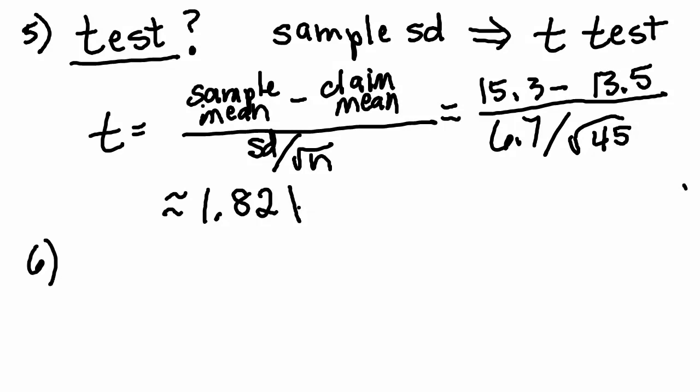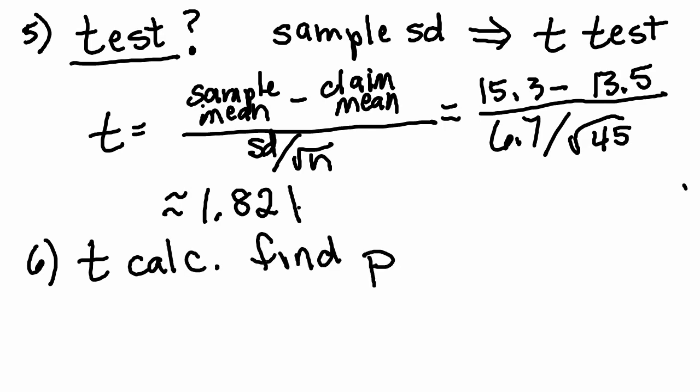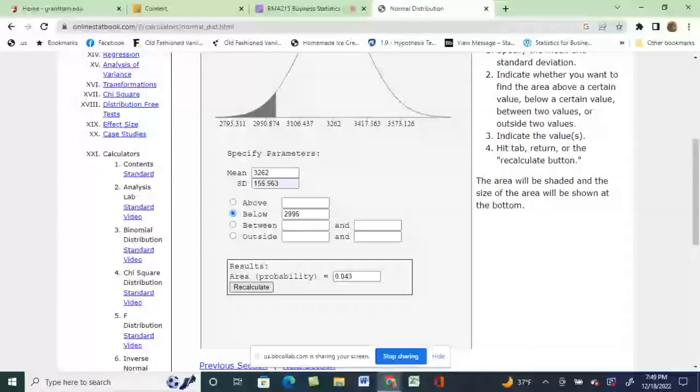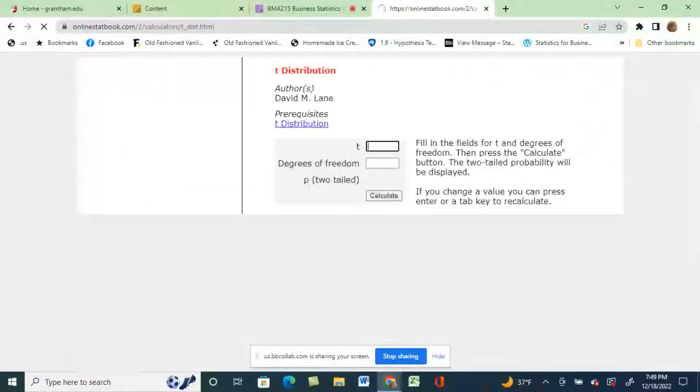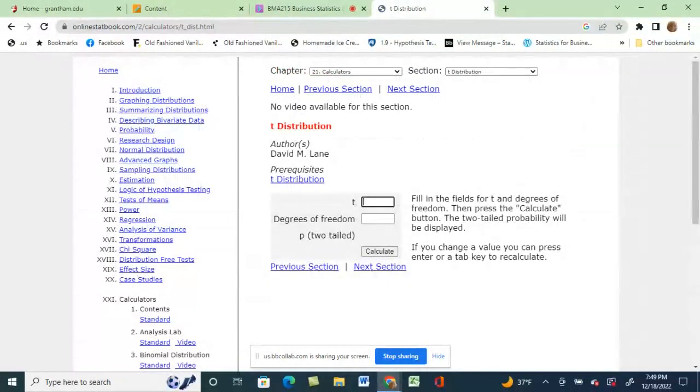Then we go to our t calculator and find the probability that we end up in that shaded region. So I'm going to go to our calculator. I'm going to share my screen. And let's see. T distribution is number 12. So I know t is 1.821.